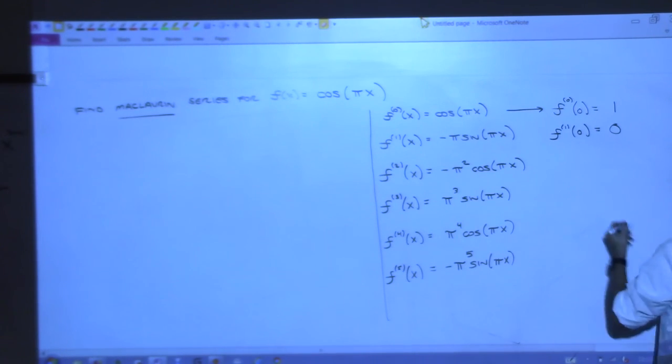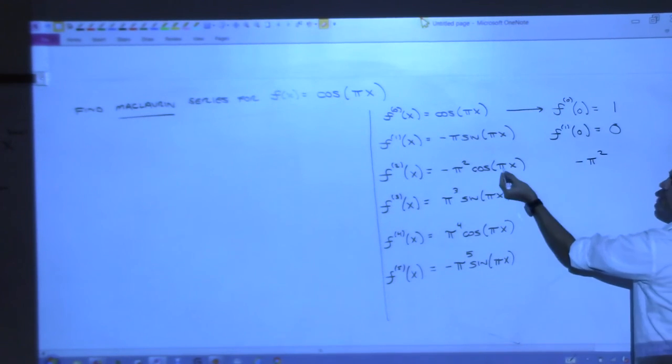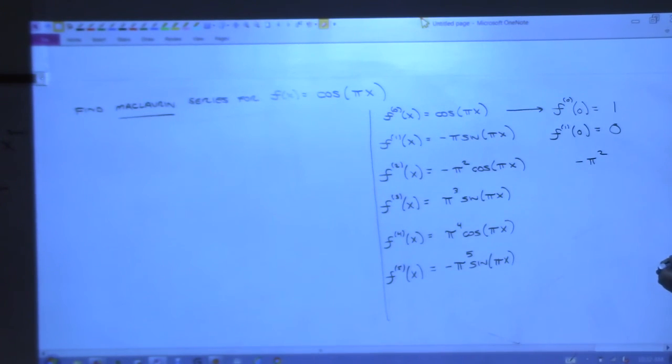Next one. Negative pi squared, because cosine of 0 is going to be 1. This one's going to be 0. This one's going to be pi to the fourth. This one's going to be 0. Next one. Negative pi to the sixth. 0, pi to the eighth.